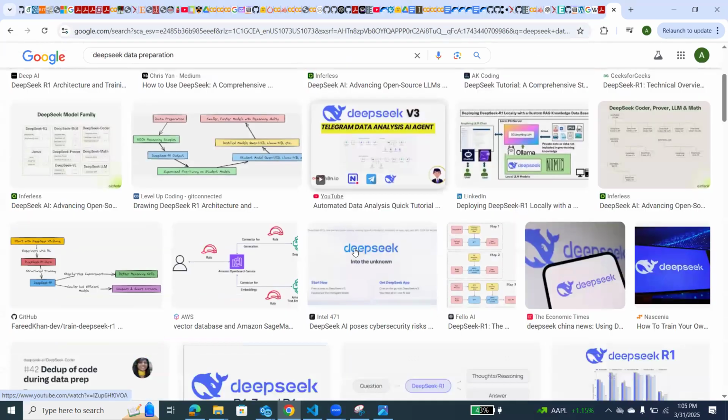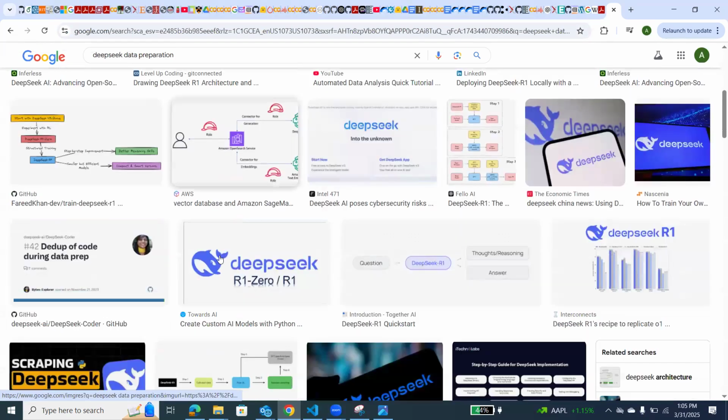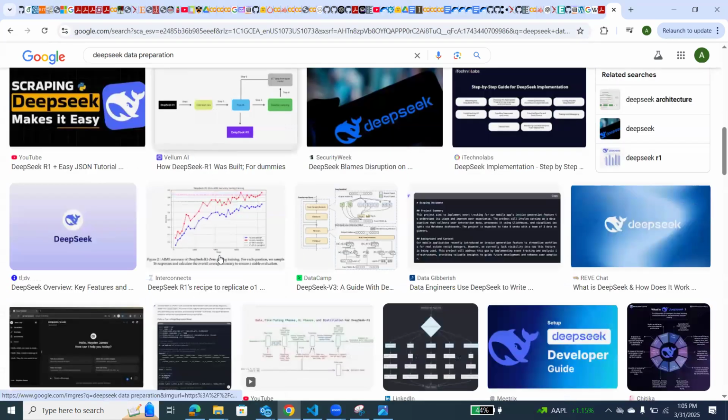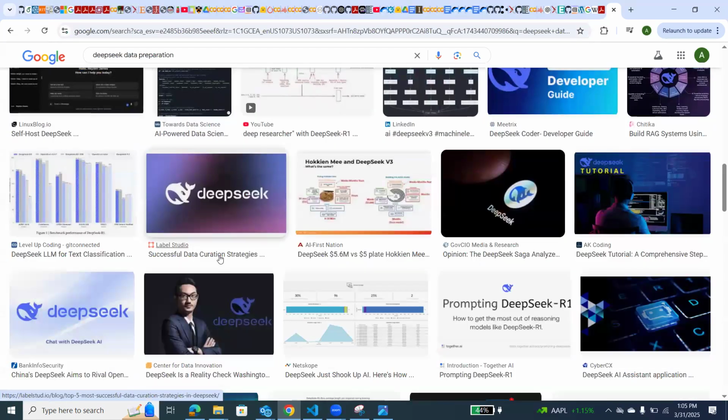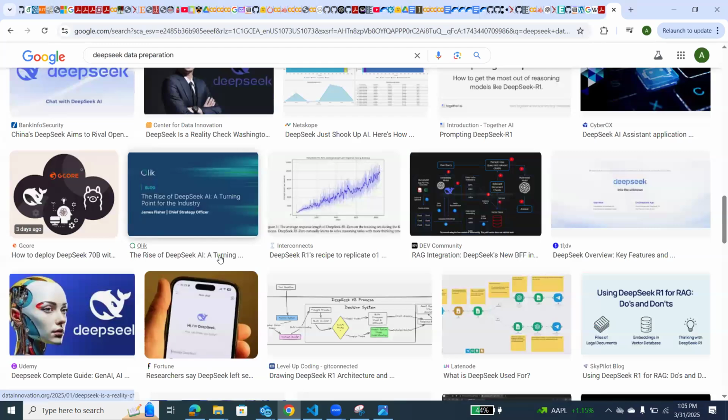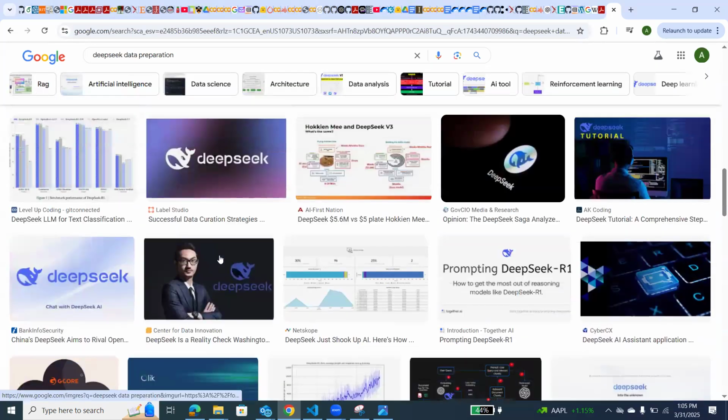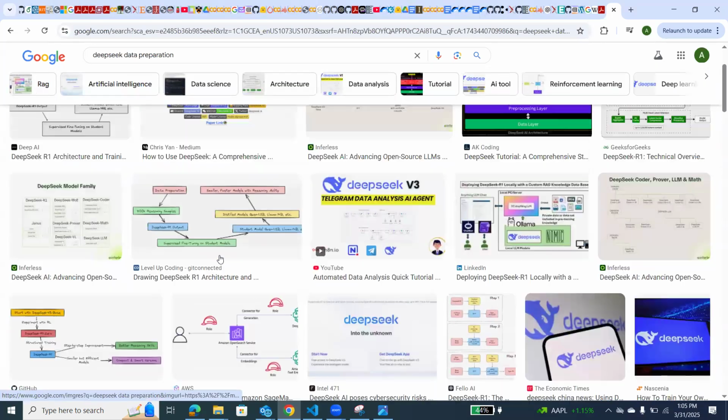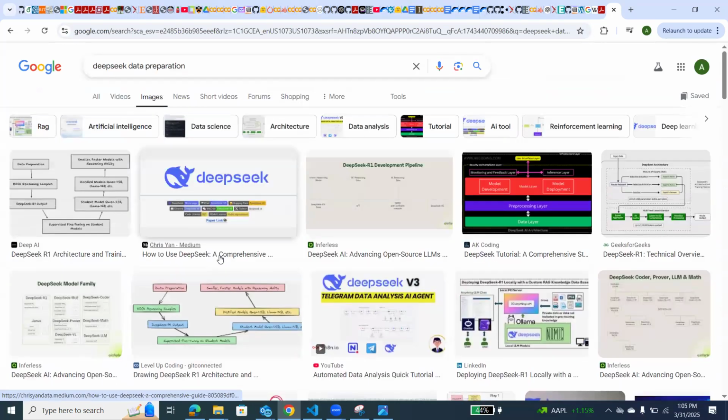The first important step was data preparation, because if we just use all the data from the internet, then we can learn some garbage.